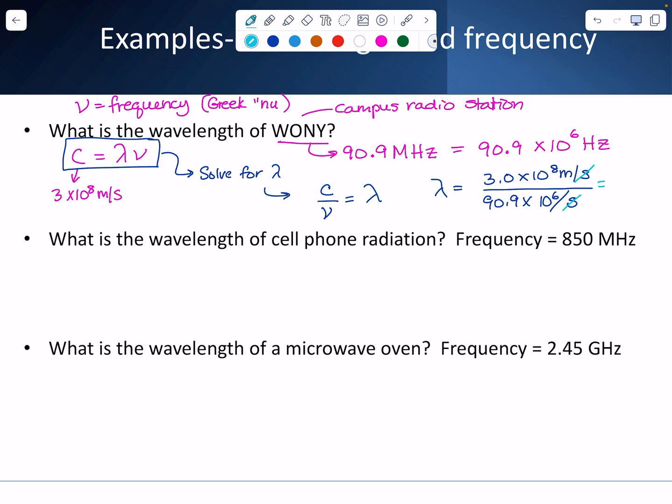Even if that math is not obvious, we know that lambda has to be in meters. So what do we get in terms of meters?